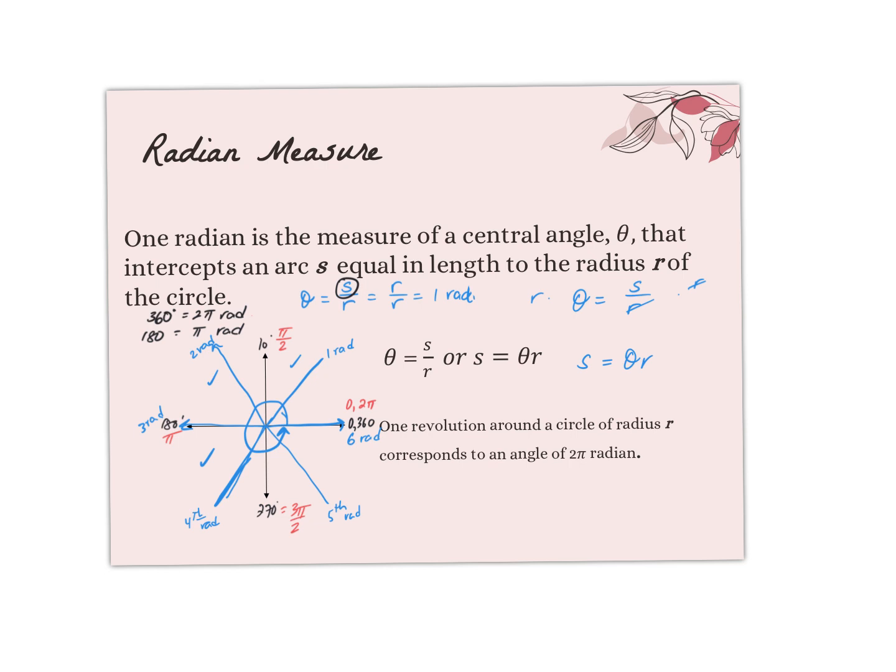So I can manipulate the equation a little bit. S represents the arc length, r represents the radius, and theta is the angle in terms of radians.